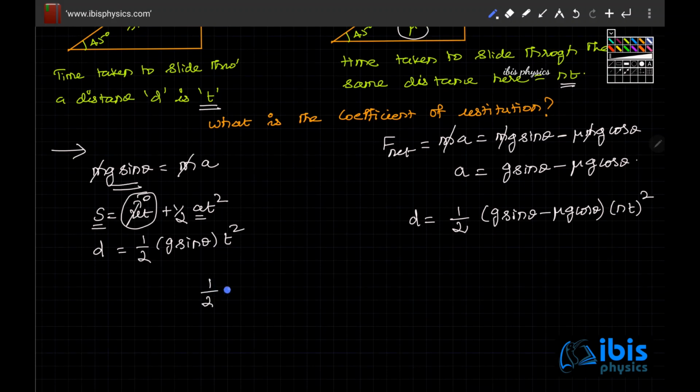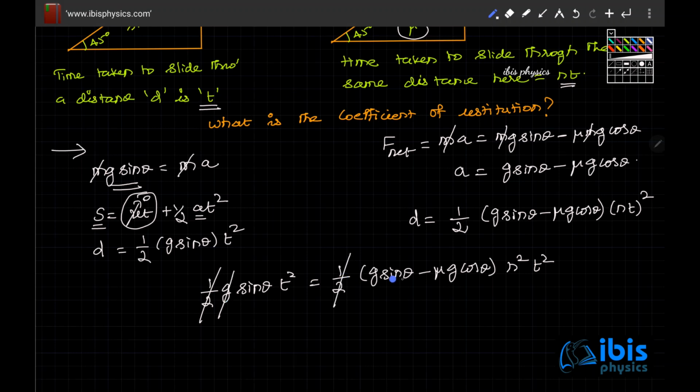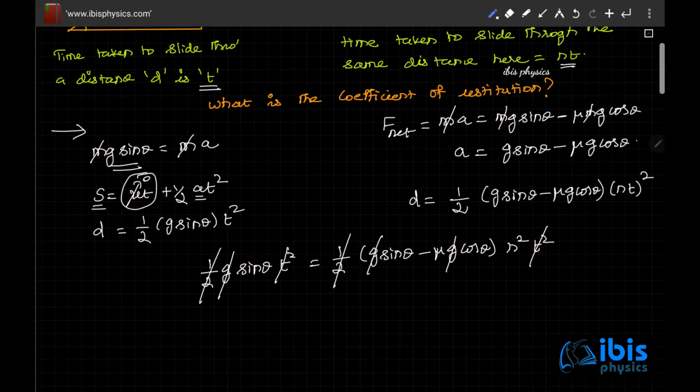So half g sin theta t square is equal to half g sin theta minus mu g cos theta into n square t square. Half g can be taken out and cancelled, and t square and t square will be cancelled.